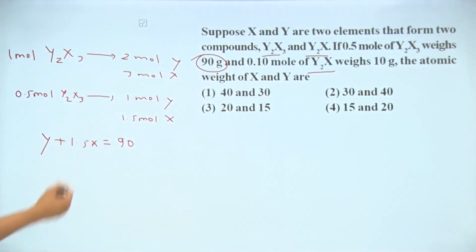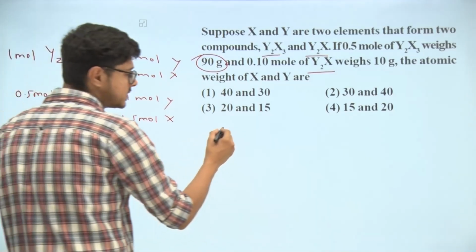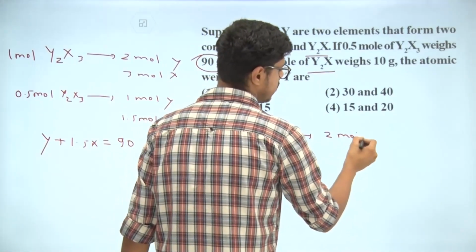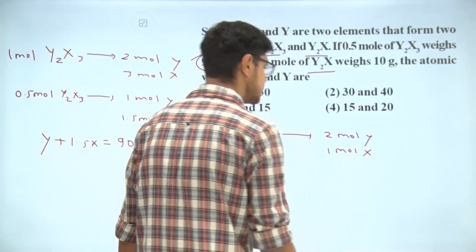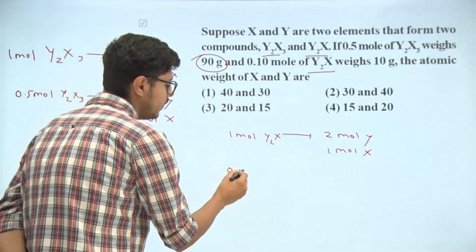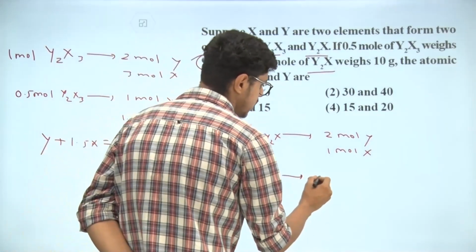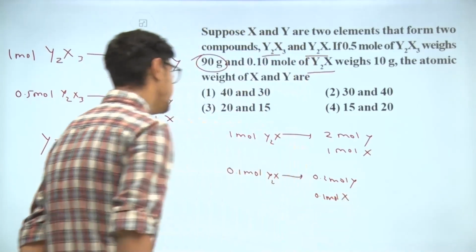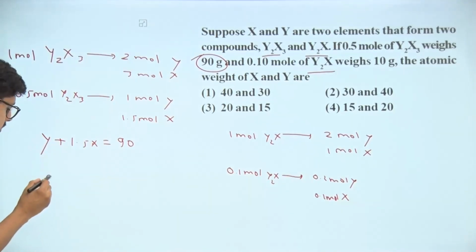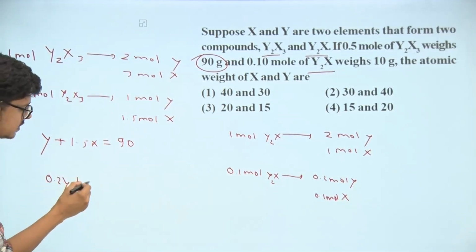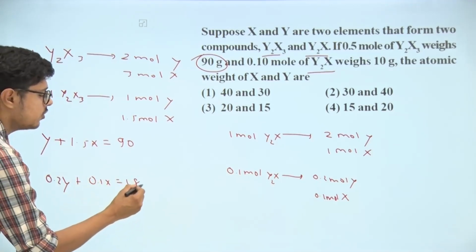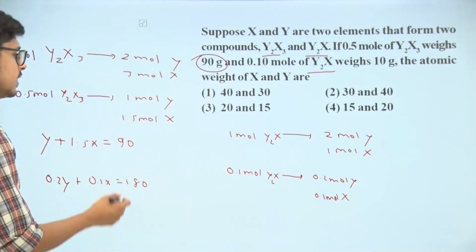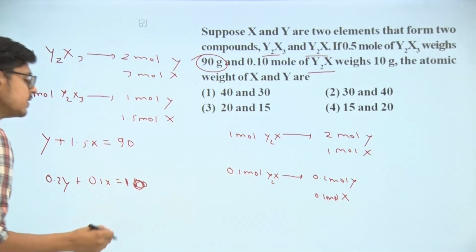If I take 1 mole of Y2X, here we have 2 moles of Y and 1 mole of X. So in 0.1 mole of Y2X, we will have 0.2 moles of Y and 0.1 moles of X. And it is given that 0.2 moles of Y plus 0.1 moles of X weighs 10 grams basically.